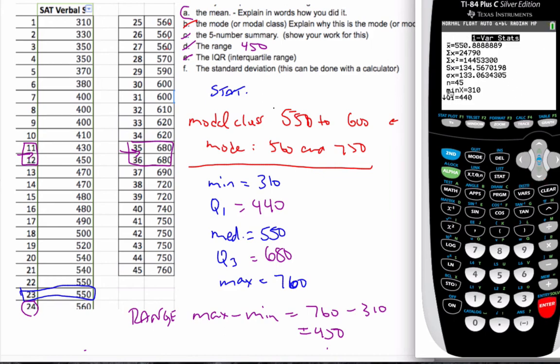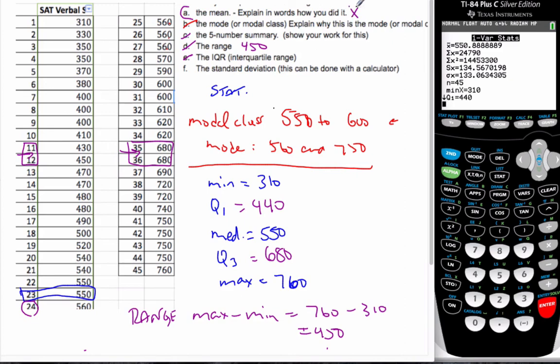And it does all my calculation. This symbol here with the x bar, that is the mean. X bar is the mean, and it's 550.9, or to 3 significant figures, 551. And the standard deviation, that one could either be s or sigma.